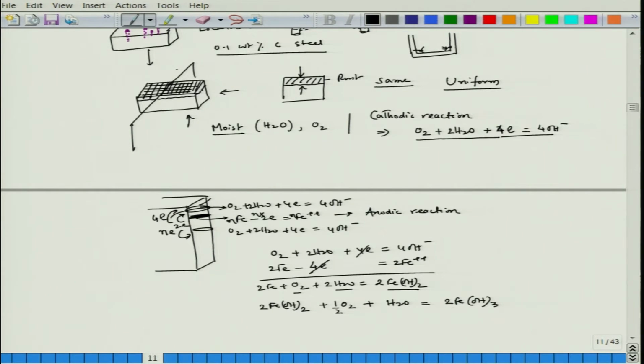Now, this is nothing but the ferric hydroxide, which is rust or red rust.